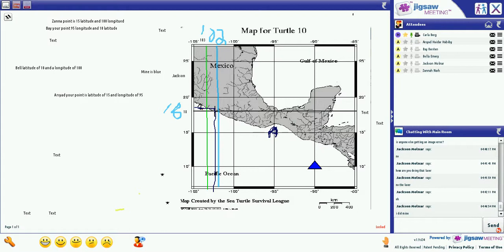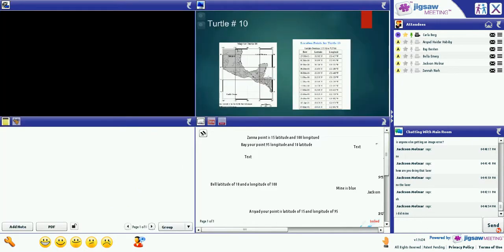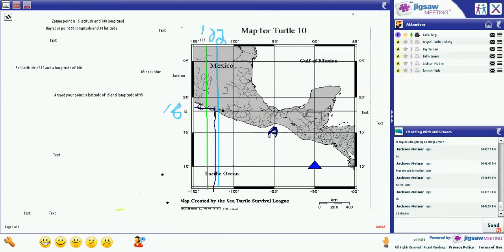When you think you have made your point, Jackson, yours is correct from your old one. When you think you have made your point, either with a shape, a scribble, a letter, whatever you want, go ahead and put a check mark next to where I have your point written, or a little slash next to it. So then we can go ahead and look at your points.